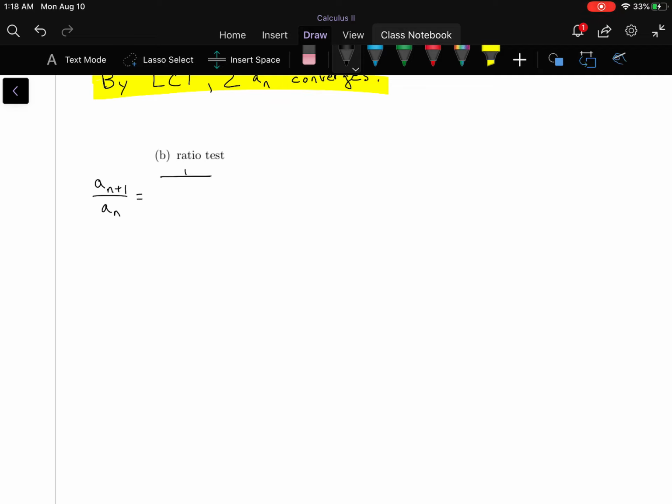So we've got 1 over 2 to the n plus 1 minus 1 over 1 over 2 to the n minus 1, which is 2 to the n minus 1 over 2 to the n plus 1 minus 1. Oh, sorry. There should be a minus 1 here and a minus 1 here.